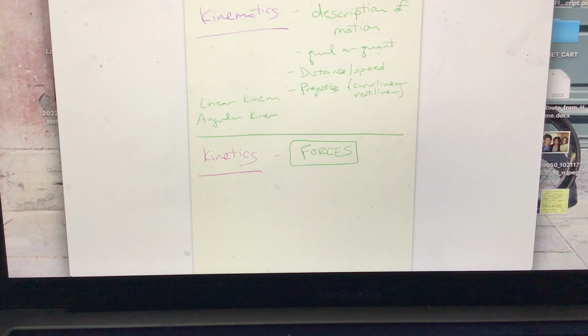Speed, displacement, velocity, acceleration. Those are all kinematics. When we have something that involves force, I'm banging on my dining room table, when we have something that involves force, it becomes kinetics.